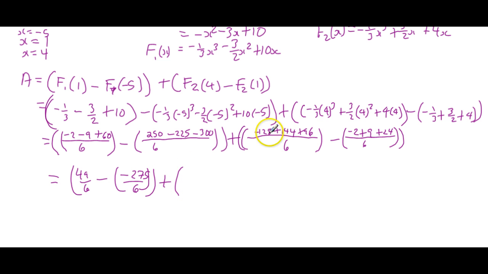Plus, I think that's positive 16, and then we've got 96, so positive 16 plus 96 is 112. Minus, and what have we got here? That's 731.